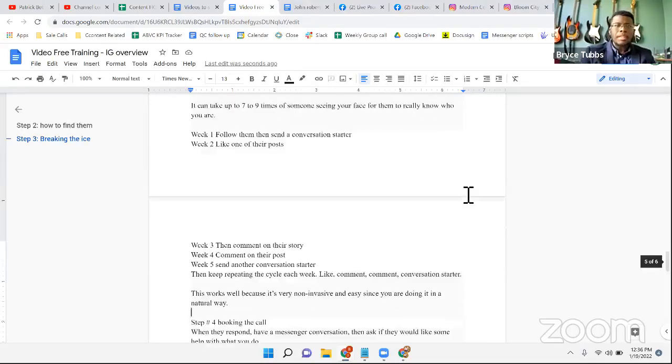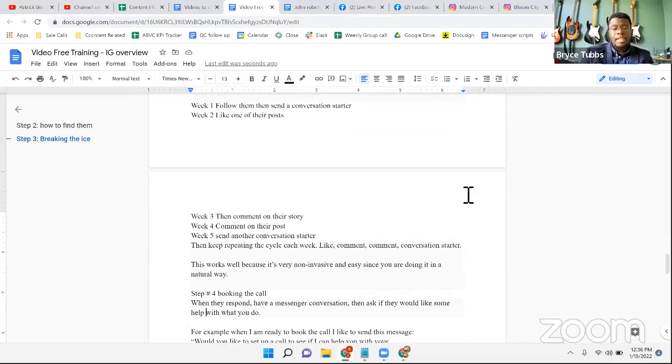This works really well because it's very non-invasive and very easy since you're doing it in a natural way. It's a little bit different if you're just messaging someone every single week saying, hey, buy my stuff, buy my stuff. That can get a little spammy, and sometimes that isn't taken the best way. But if you do it more like this, you're just this friend who cares more about them than anything else.